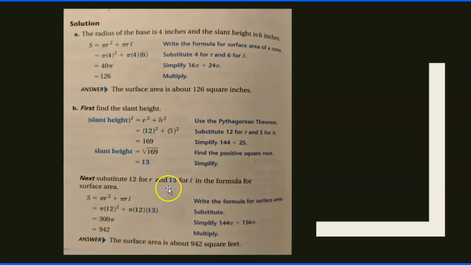And then you go back and you substitute everything into that original formula right up here. Make sure it's on your index card, and you will be able to find the area of the cone, which in this case for the bigger cone is 942, or 942 square feet if they give us the measurements. So here we have square inches, here we have square feet.